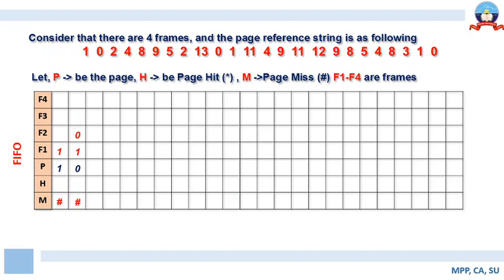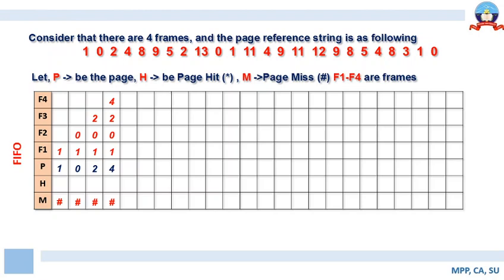After page 0, there is a request for page number 2. Since page number 2 is not available in the memory, again there will be a page miss, and page 2 will be loaded from the secondary memory and placed in the main memory. Likewise, there is a request for page number 4 after page number 2. Since page number 4 is not available in the memory, the page will be loaded from the secondary storage device and placed onto the main memory.